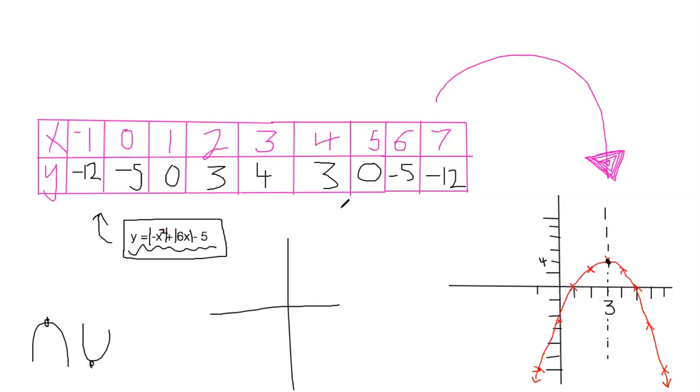Oh, and also I just quickly wanted to say, if it's a real life example and you have to graph it, you would only be able to graph this right half. Does that make sense?